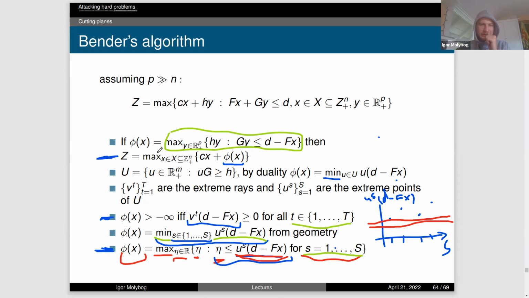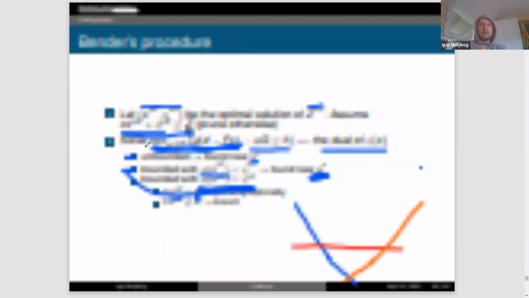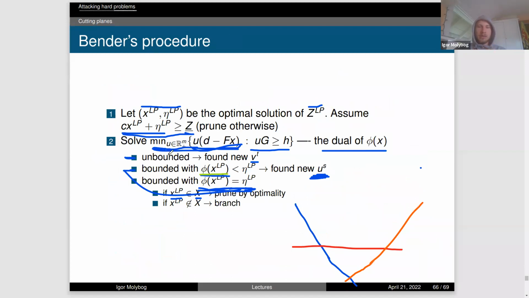So this phi of xLP is the correct number always, doesn't matter how many extreme points you have found at this particular iteration of the algorithm.